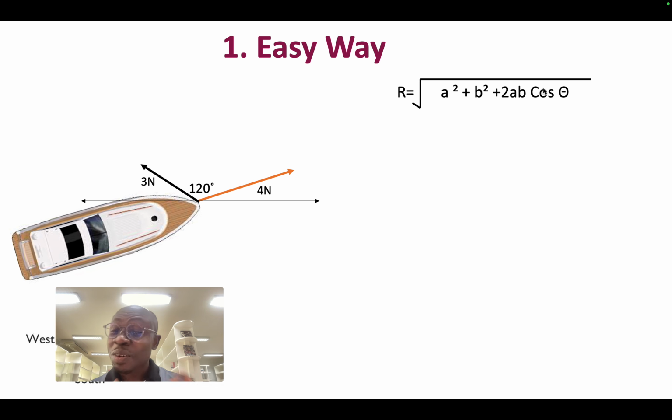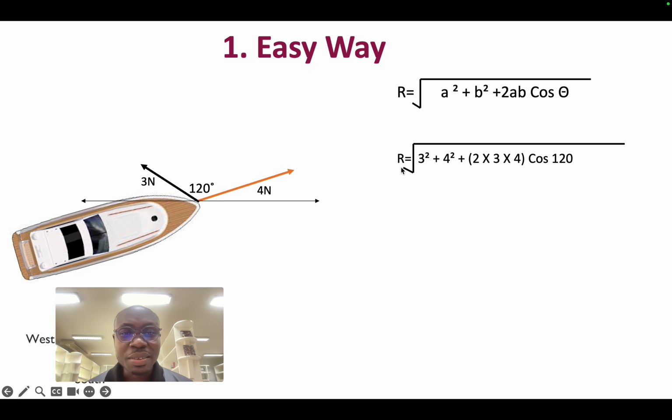Okay, it's not always easy, but I think you can do it, okay? If you pick your calculator, you can see the cos and sine there. But in the easy way, theta is equal to 120. So we just put everything in, okay? So like this. So the net force is equal to the square root of 3 squared plus 4 squared plus 2 times 3 times 4 cos 120.